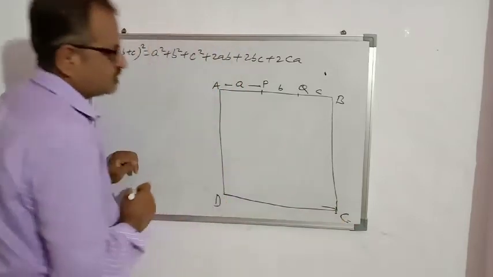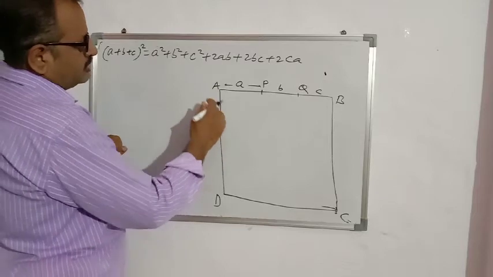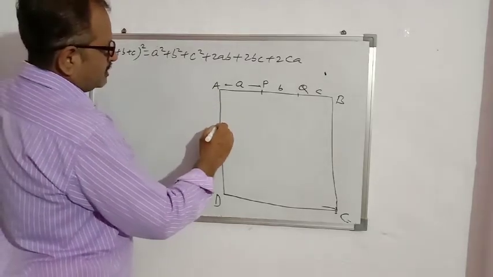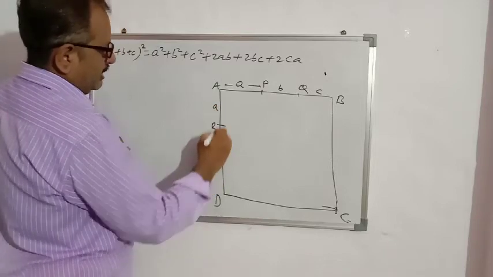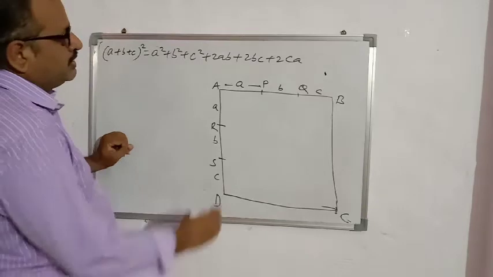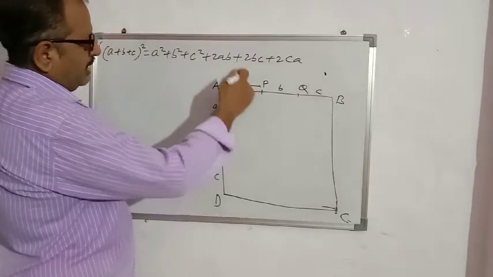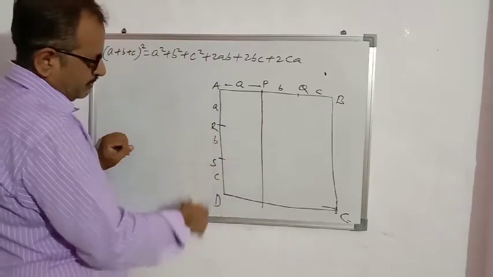ABCD is the square. Similarly, we will divide AD also into three parts. Suppose this is R, this point is S, such that AR is A, RS is B, SD is C. Now from point P, draw a line parallel to AD.